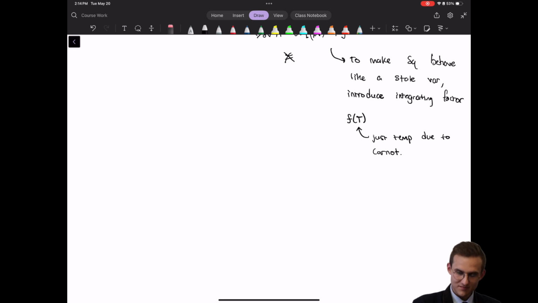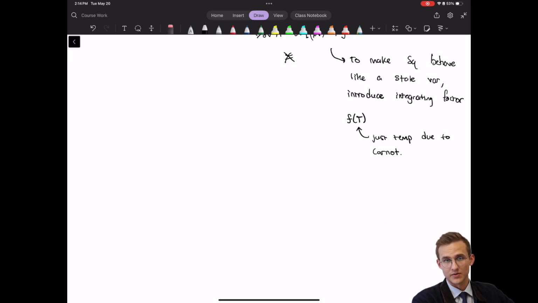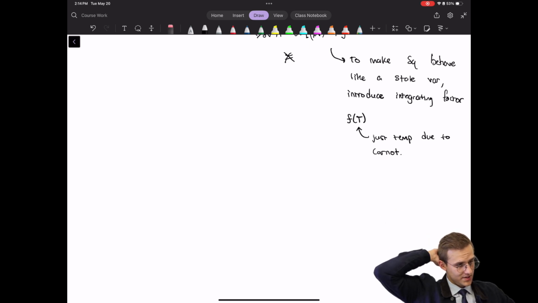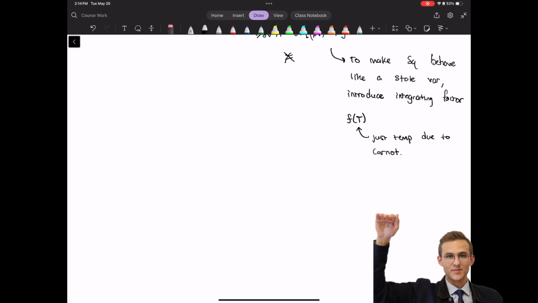But when Carnot came up with his efficiency, he was thinking of things like water wheels. Like he was saying that the maximum amount of energy that you can get out of a water wheel is the difference in potential energy from the top to the bottom of the water wheel, right? And so he was thinking, okay, I have some sort of temperature at the top and temperature at the bottom.